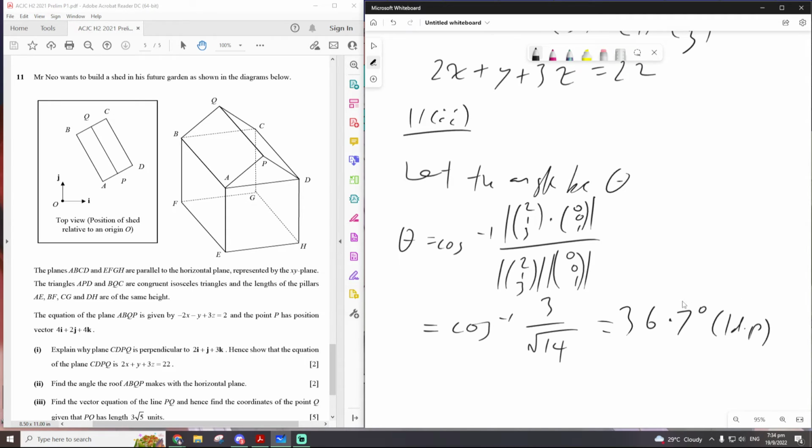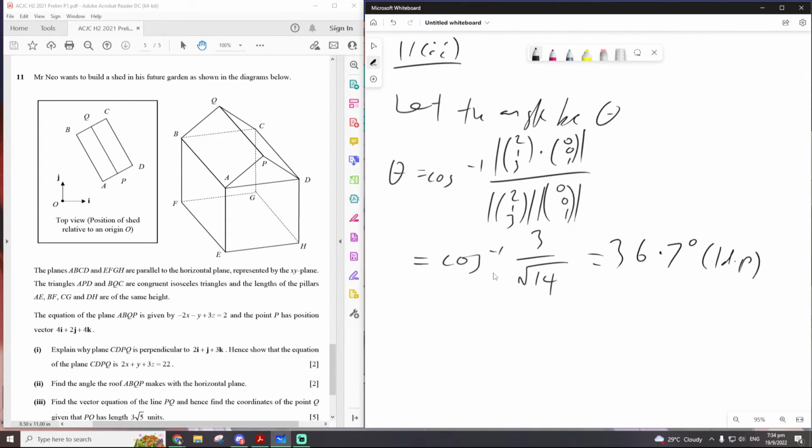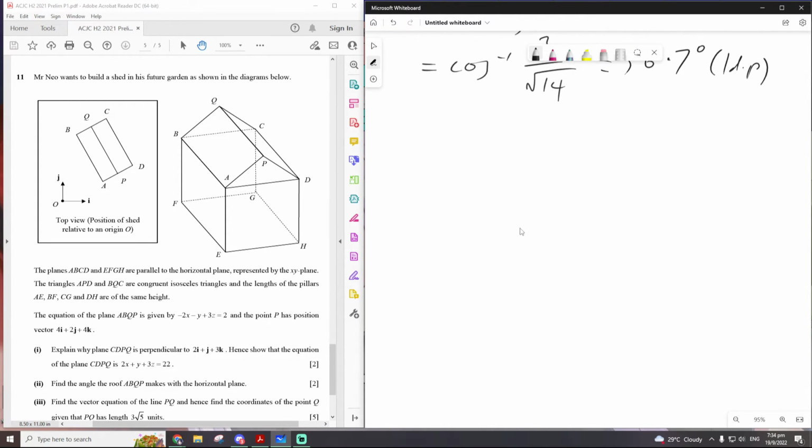Find the vector equation of PQ. Find the coordinates of point Q given that PQ is 3 root 5 units. PQ is actually the intersection of the two planes, right? So I'm going to solve them in Cartesian equations. 11 part 3.